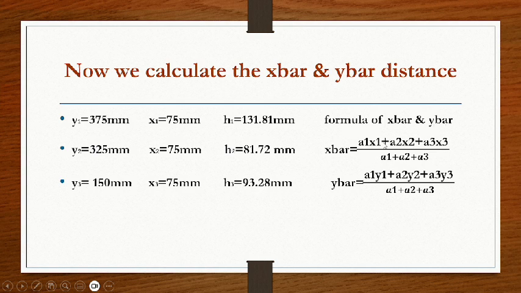Formula of x bar and y bar: x bar equals area 1 x1 plus area 2 x2 plus area 3 x3, divided by area 1 plus area 2 plus area 3.